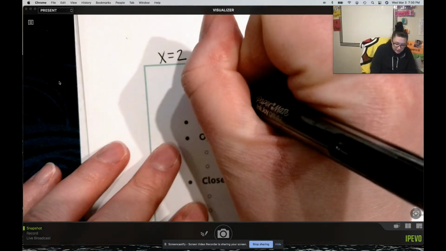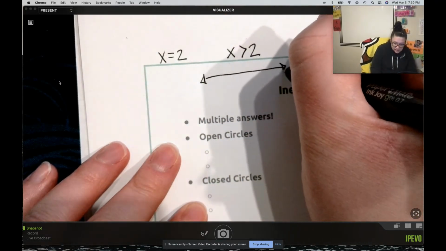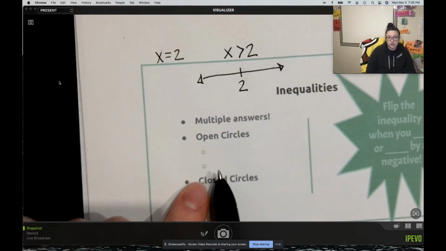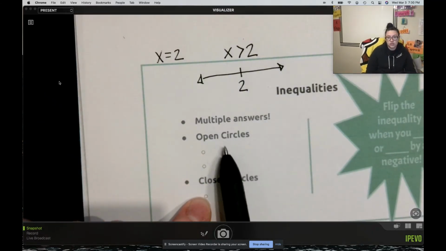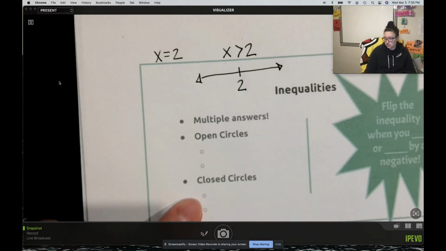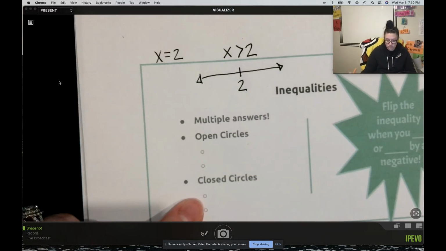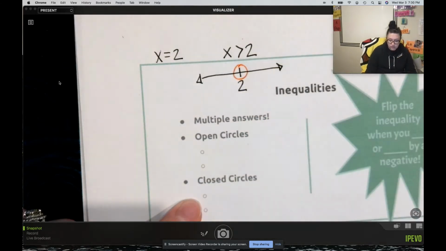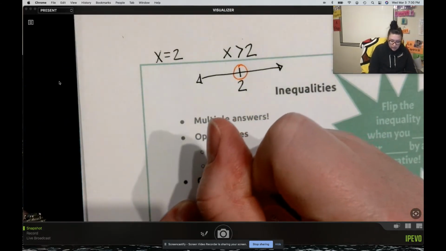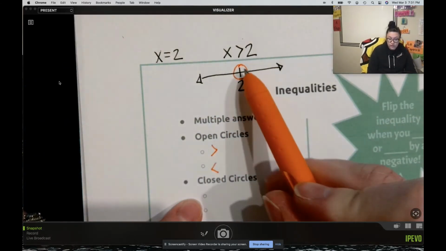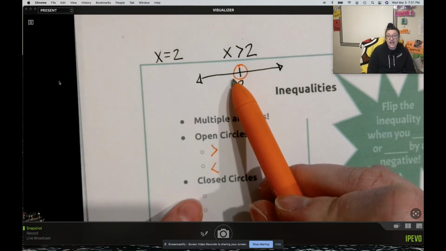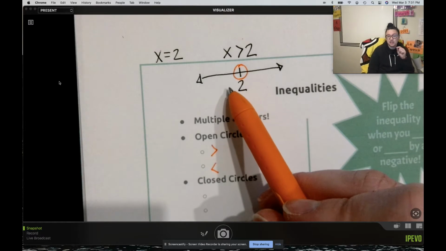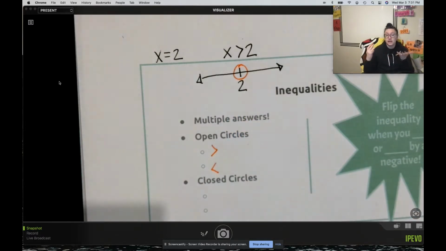If we were to graph this x is greater than 2, would I use an open circle or a closed circle to graph this on a number line? Hopefully you said an open circle. For greater than or less than, we use an open circle, and we have to shade or draw the line just a little bit thicker, whichever way our answers go.